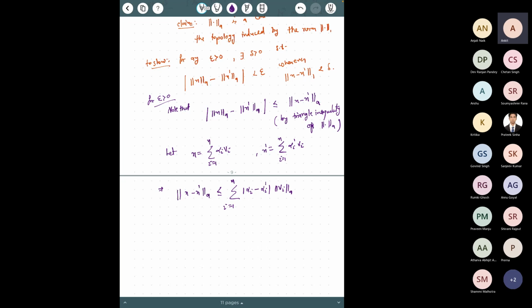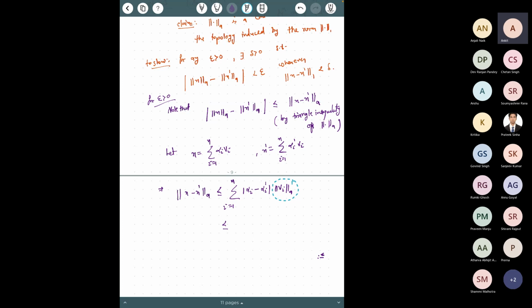So what I can say from here is that this quantity is less than or equal to, if I replace it with the maximum of the norm of Vi, for a vector Vi.